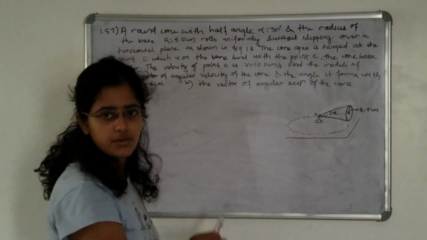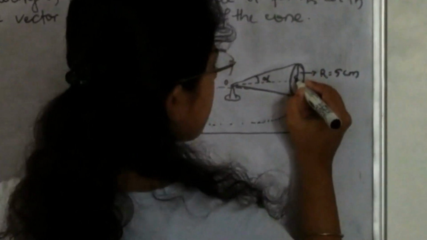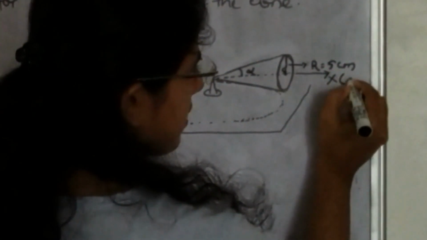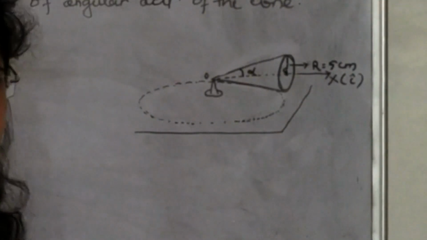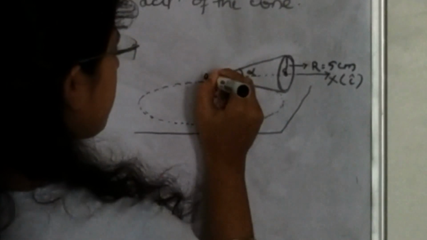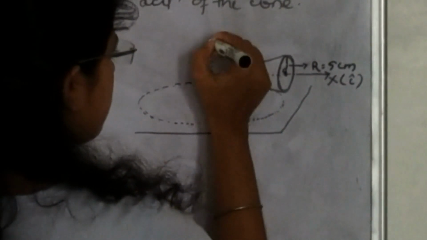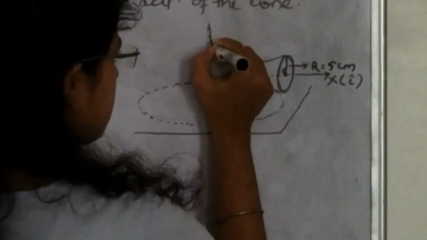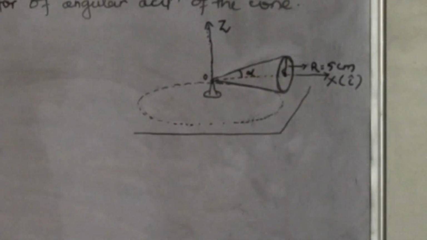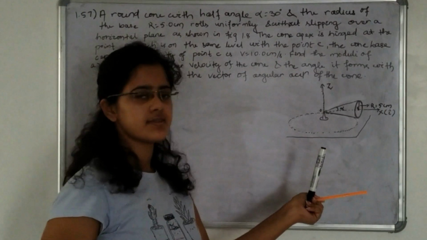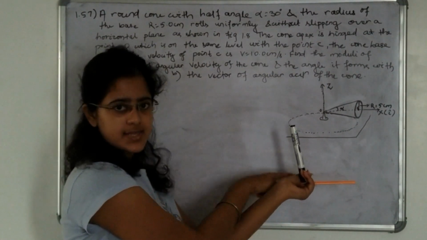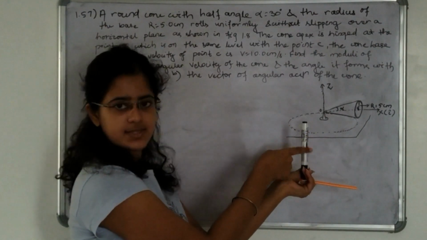So here you have to understand this is, let us say, the x-axis. i cap is the unit vector along the x-axis. And the vertical is, let us say, the z-axis. As shown in the figure, this is x-axis, the yellow pen is y-axis, and this is z-axis.